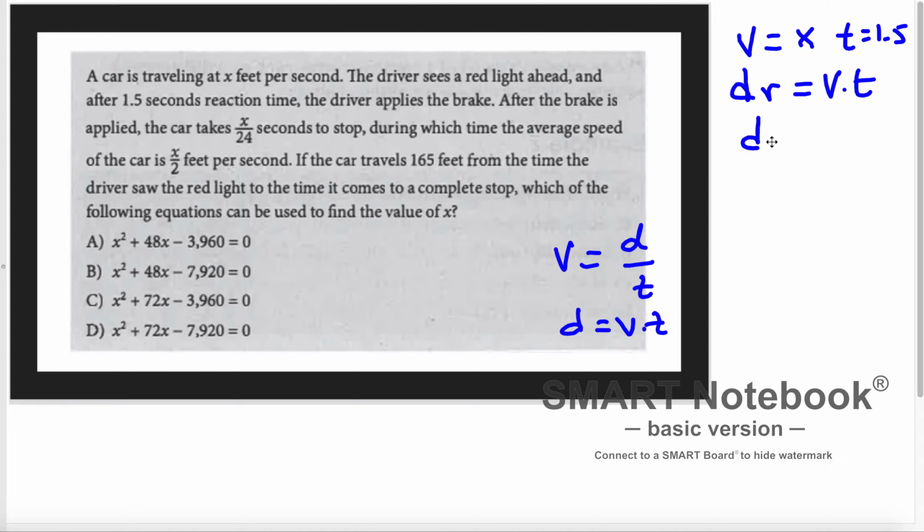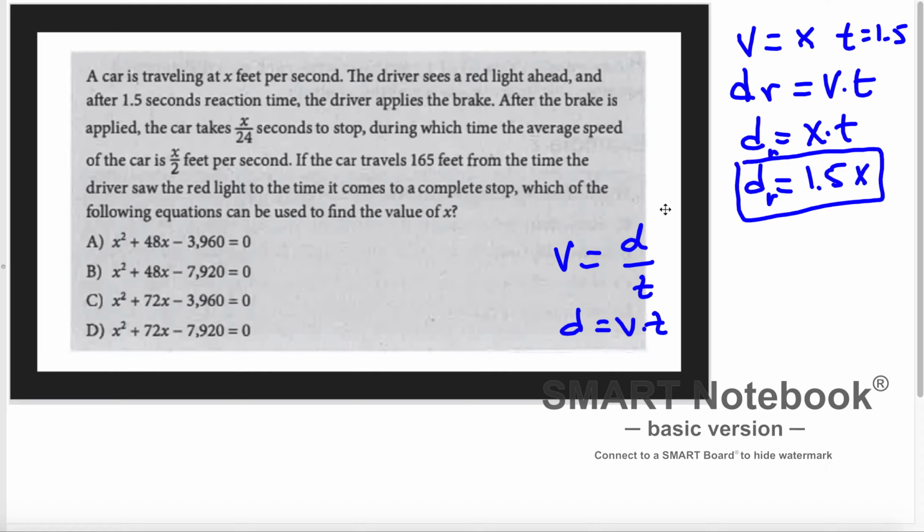But in our case, because v is equal with the x, we can write x times t. But t is 1.5, so the reaction distance is 1.5x. So I need now to create one equation in terms of the x to get one of the equations that is here in multiple choice.